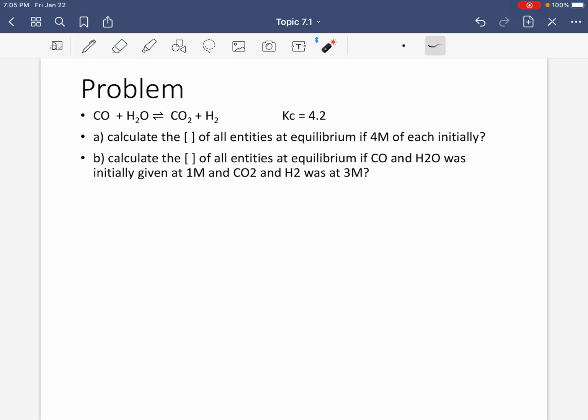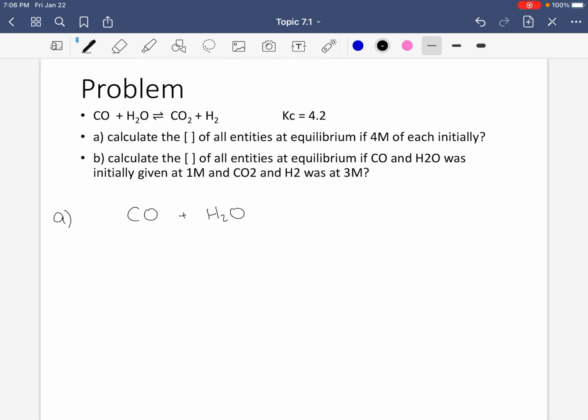Because knowing which direction you're going will actually tell you how to set up your ice table. Let's do this. Part A. Calculate the concentration of all entities at equilibrium if 4 molars of each were initially given.